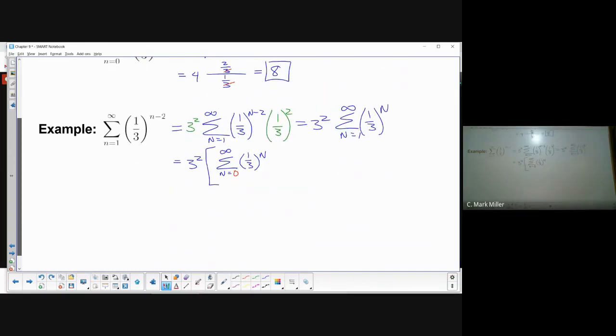But I have to compensate for that because by putting a 0 there, I am adding a term to that series. It's going to have 1 extra number. So I'm going to subtract the 0th term.